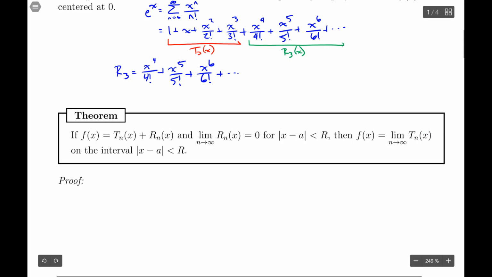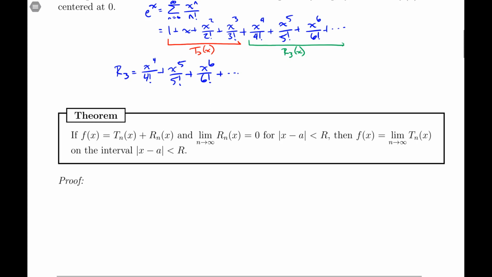This is a pretty big statement to say that our function is actually the limit of its Taylor polynomials. And the limit of Taylor polynomials is a Taylor series, hence my slip up. So, let's try to prove this.